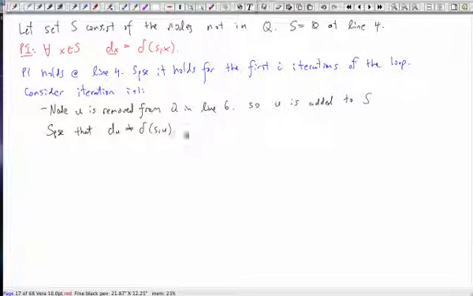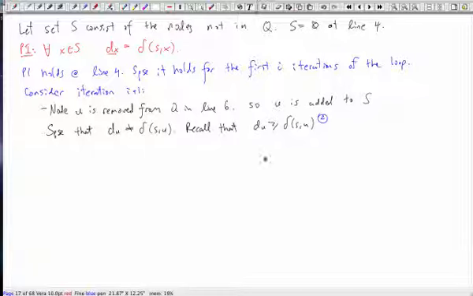So what we can claim is, recall that du is greater than or equal to delta SU. That was our property 2, right? This was by property 2 that we talked about just a second ago.